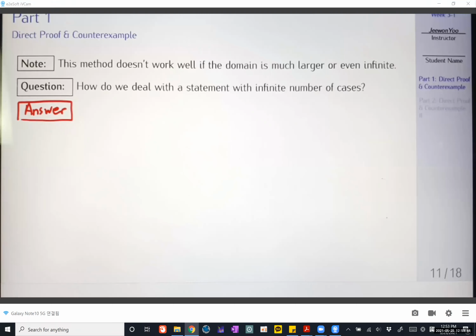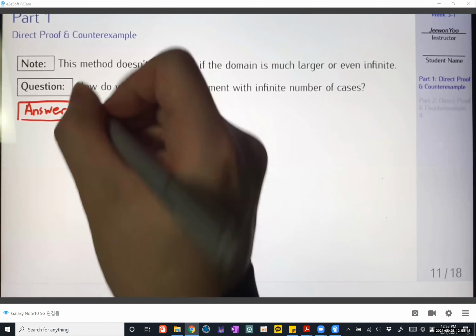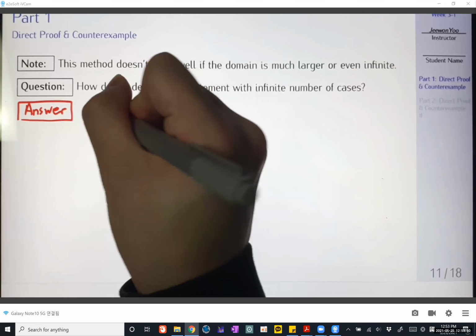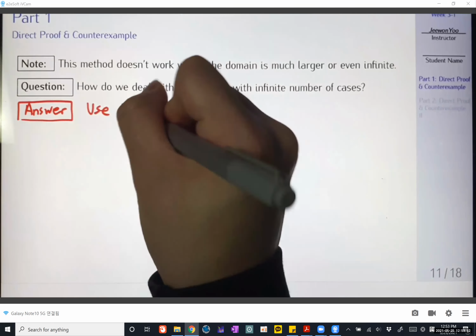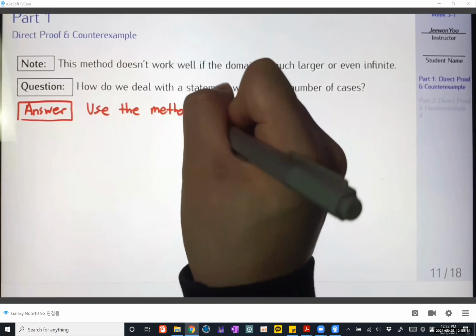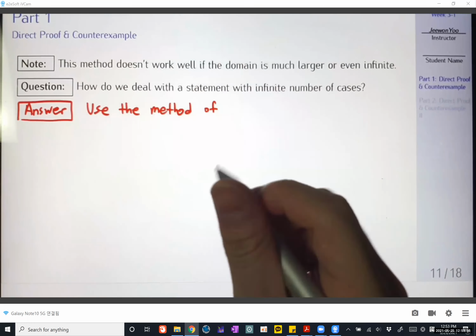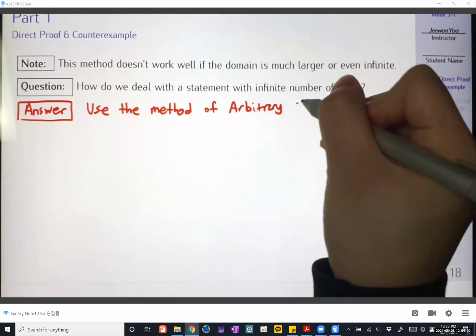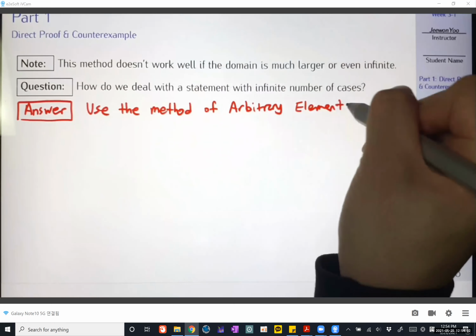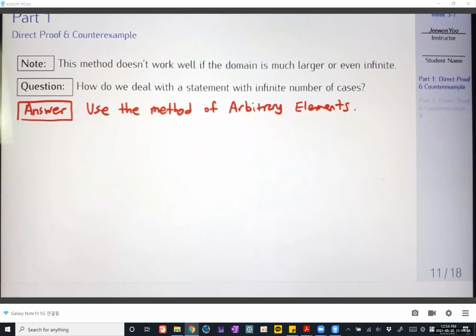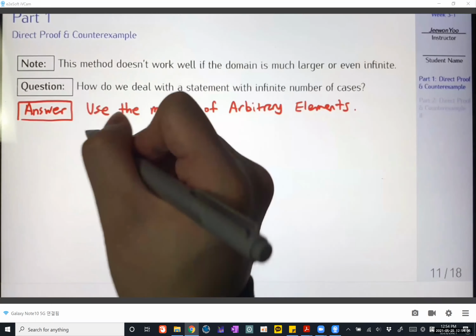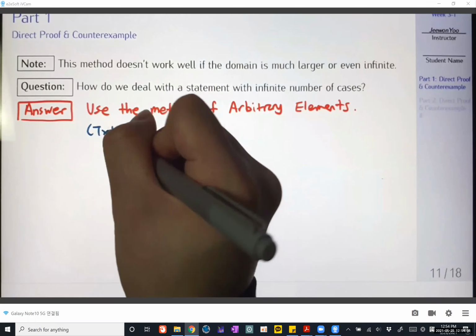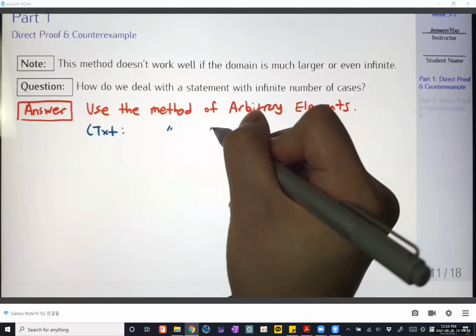For me, I call it the method of choosing arbitrary elements. From the textbook, by the way, it's the method of generalizing from the generic particular.